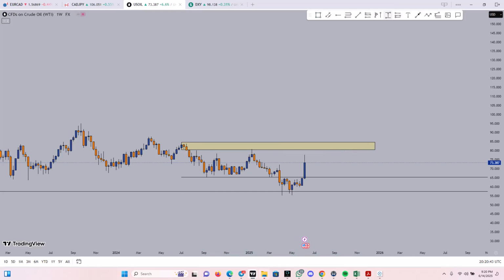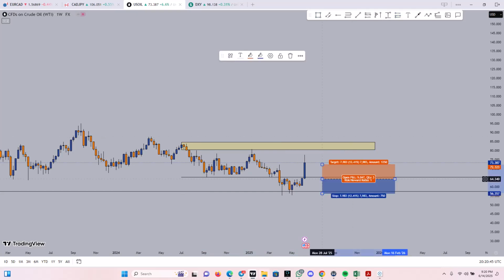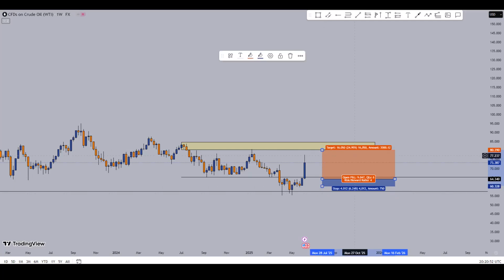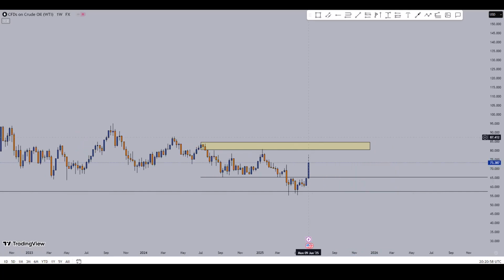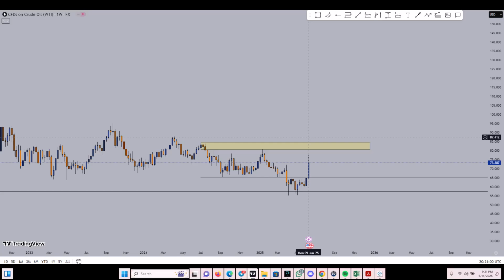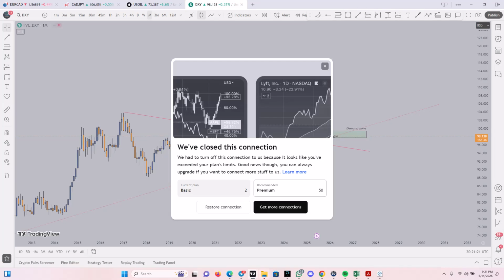If I want to risk, I'll be going for this, and my stop loss just this. So depends. All I have to do is be careful and watch the market. For now, this is what I have for the US oil, and I hope I've been able to give knowledge on this. So let's drop to the dollar index now.